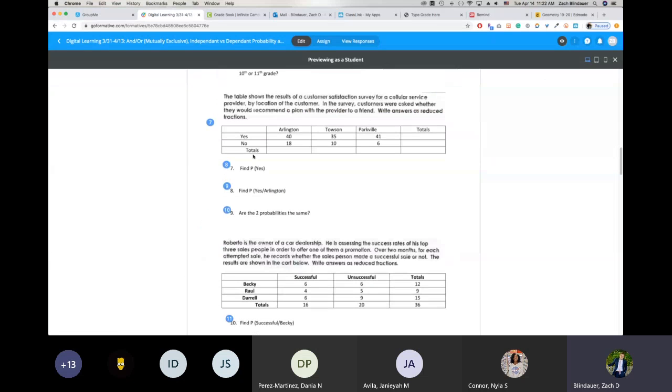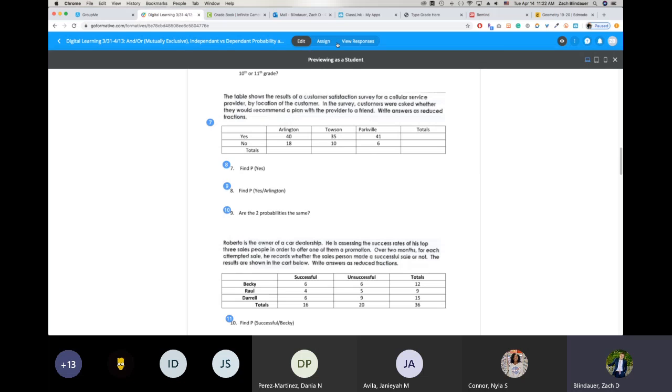It says the table shows the result of a customer satisfaction survey for a cellular service provider by location. In the survey, customers were asked whether they would recommend a plan with a provider to a friend. It says here, find the probability of yes.